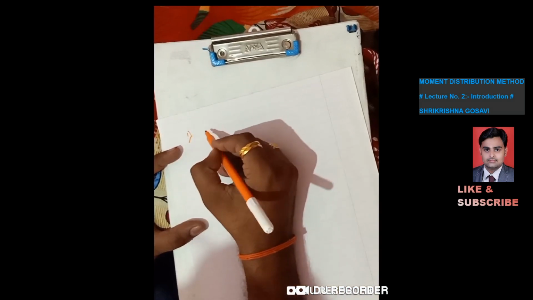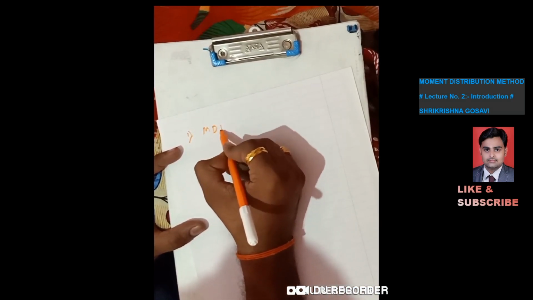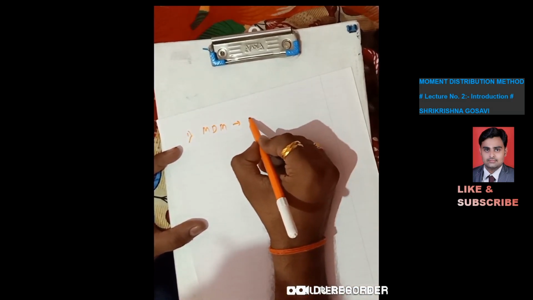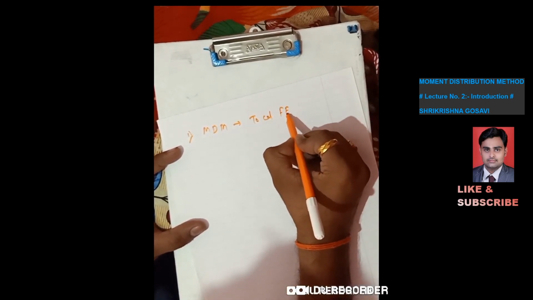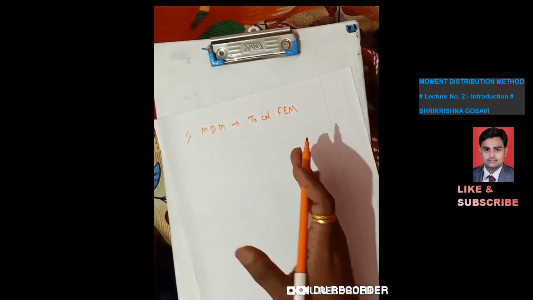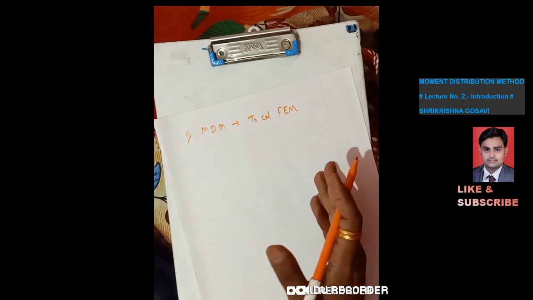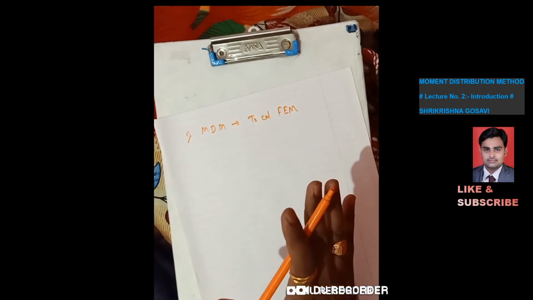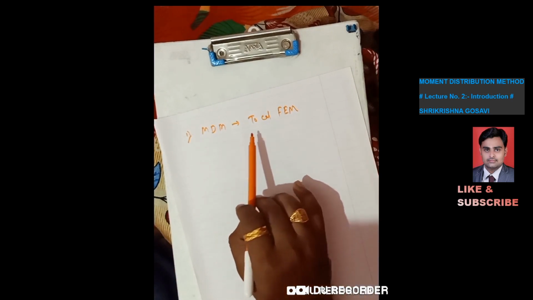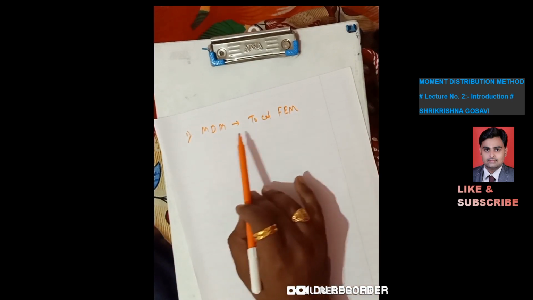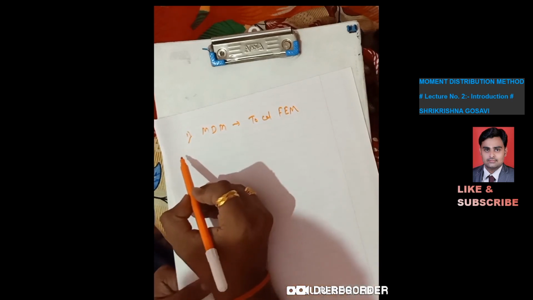We came to know that the moment distribution method is basically used to calculate the fixed end moments. It is an indirect method; indirectly, this method applies the slope deflection equation.